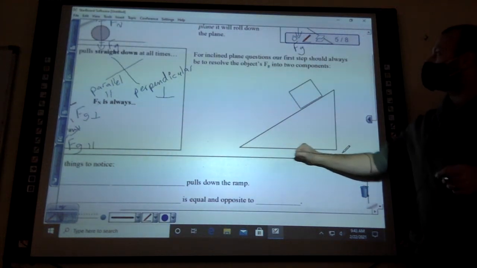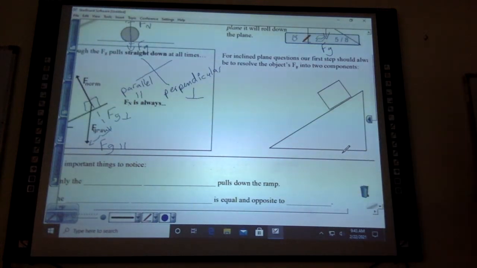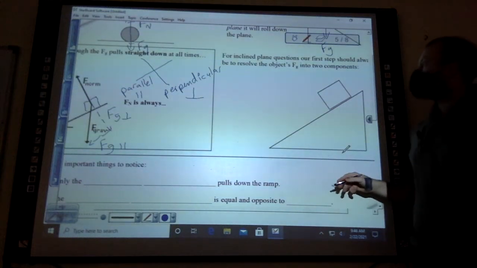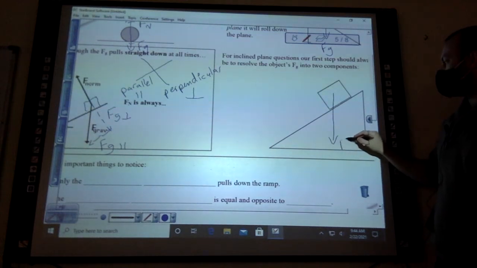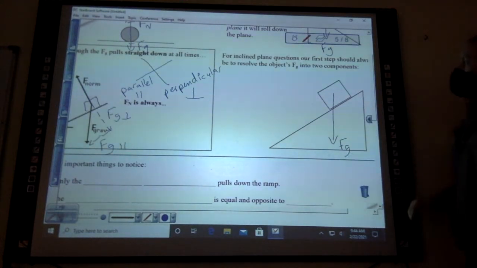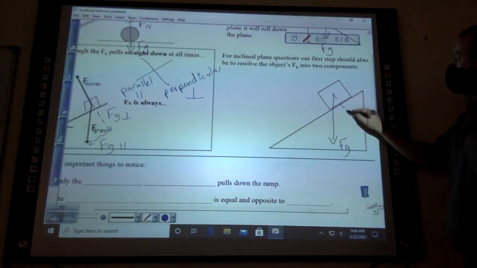That's essentially what I talked about here. When I'm splitting this up, let's say this is FG. Like I said, we need to split it up into components.